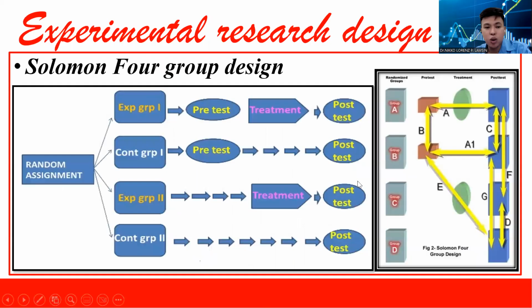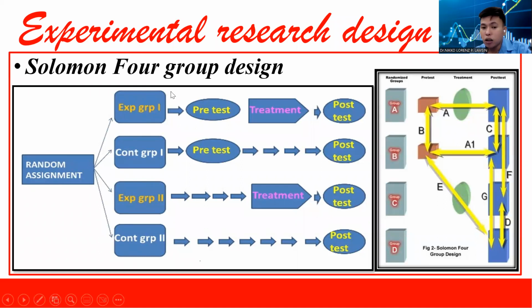third group, you have Solomon four group design. I'd like you to look closely at the figure. There are two experimental groups and there are two control groups.